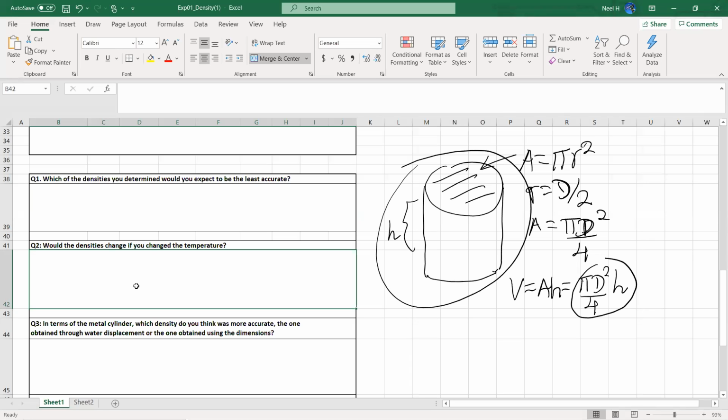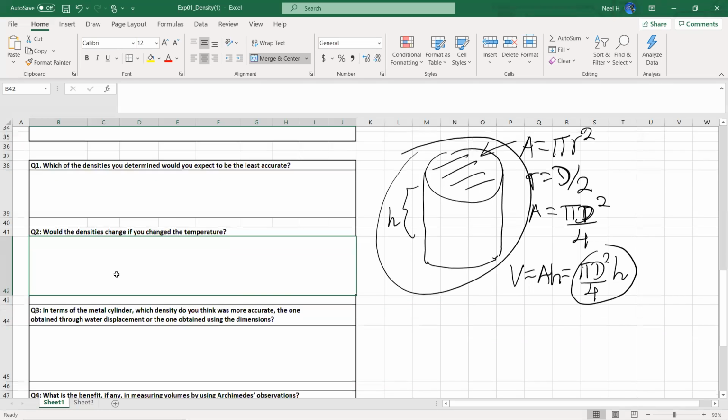Make sense? Okay, and the second one, the answer is yes, the density will change. The reason: volume will change if the temperature changes. Again, you can write more sentences, doesn't matter, but at least 2 sentences. What's the answer? Why did you pick that answer? What is the reason?